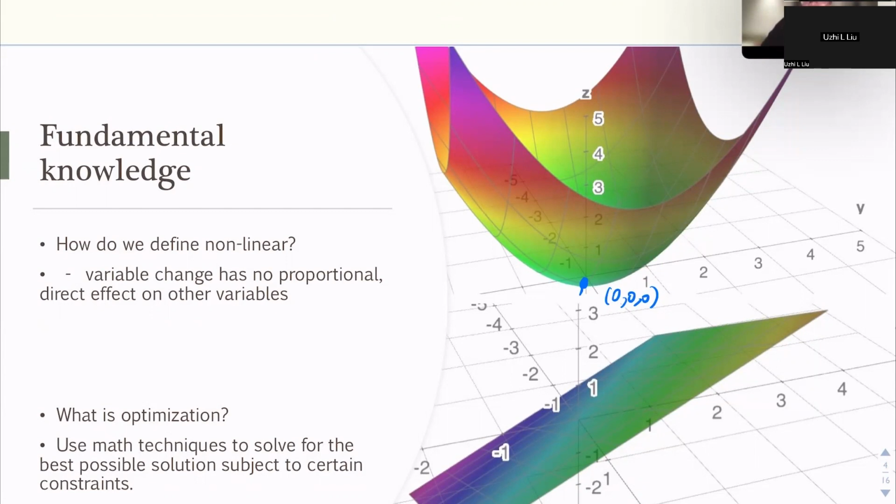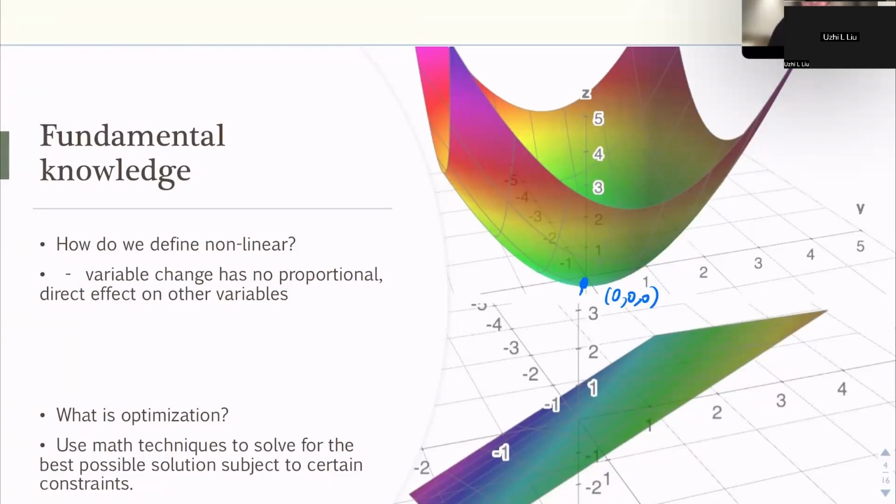And also, I wanna talk a little bit about the application, just to give a hint. Optimization can be used in many fields.